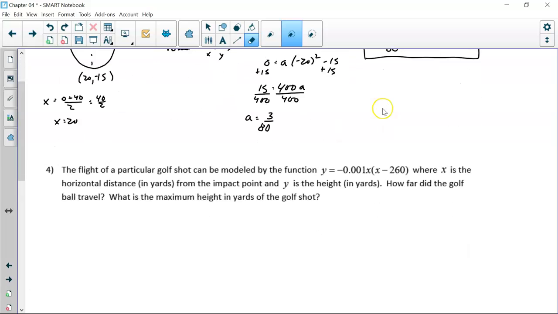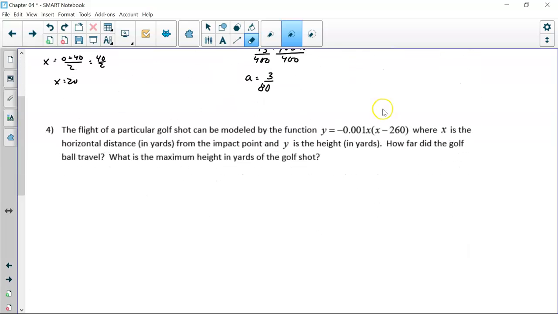Number 4. Now, number 4, we're given the equation, and this is actually in intercept form. What we really have here is y equals negative 0.001 times x minus 0 times x minus 260. That's intercept form.